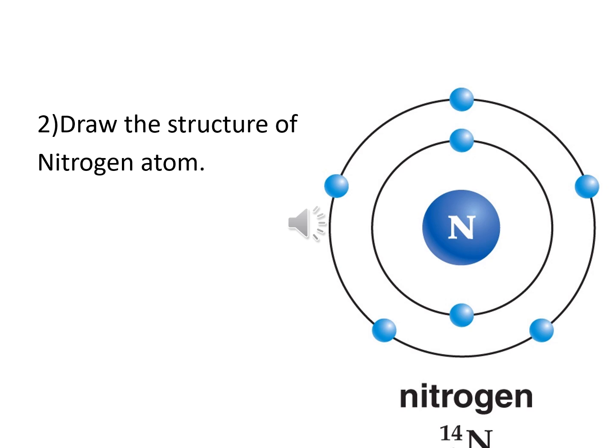So the mass number is written in the superscript place. Now the first shell has 2 electrons, the second shell has 5 electrons, totally 7 electrons.